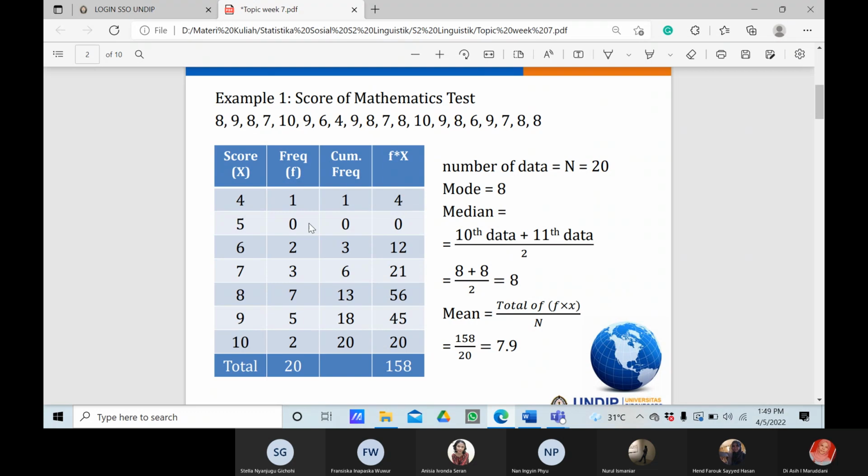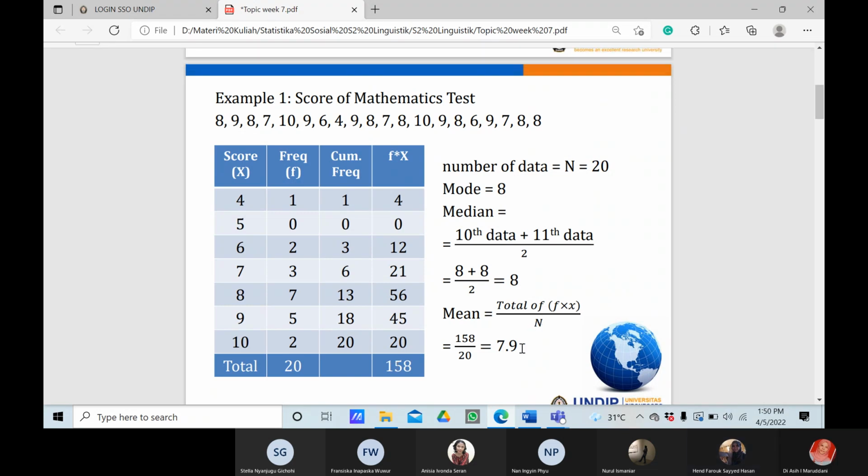The second row is 0 times 5, which is 0, and so on. Then the mean will be the total of frequency times score, divided by n. The mean will be 158 divided by 20.